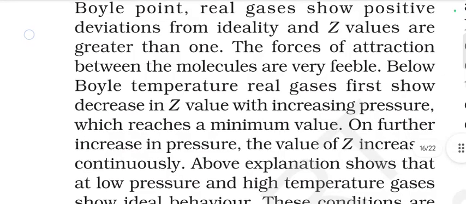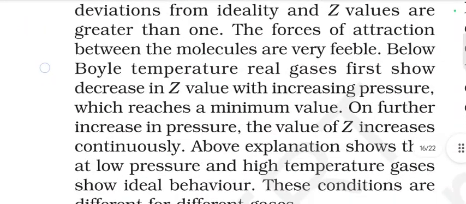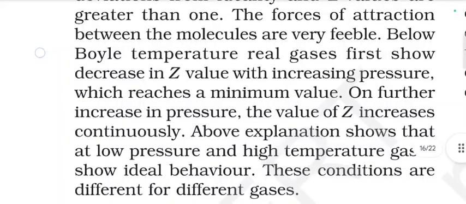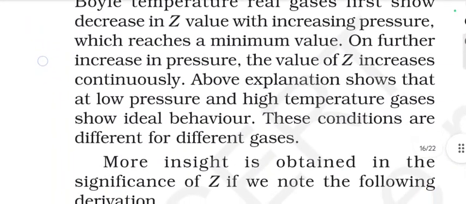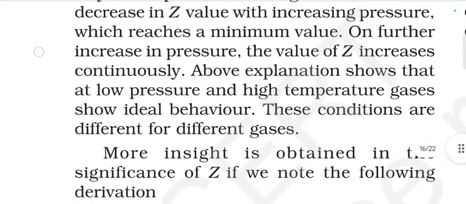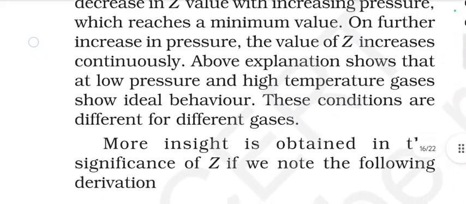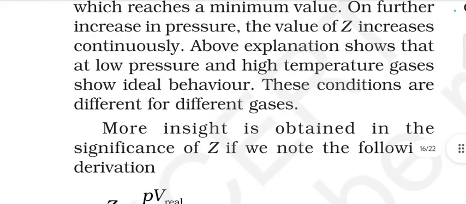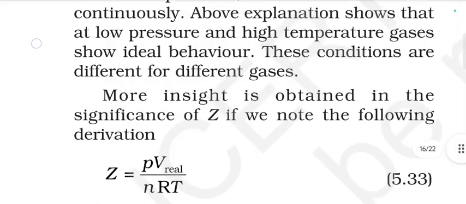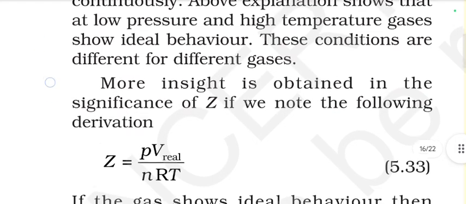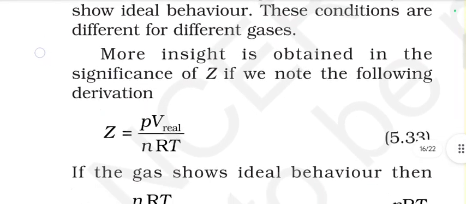The forces of attraction between the molecules are very feeble. Below Boyle temperature, real gases first show decrease in Z value with increasing pressure, which reaches a minimum value. On further increase in pressure, the value of Z increases continuously. Above explanation shows that at low pressure and high temperature gases show ideal behavior. These conditions are different for different gases.